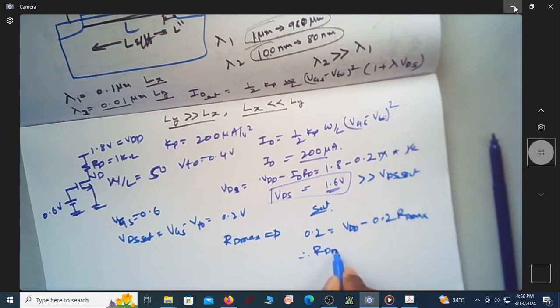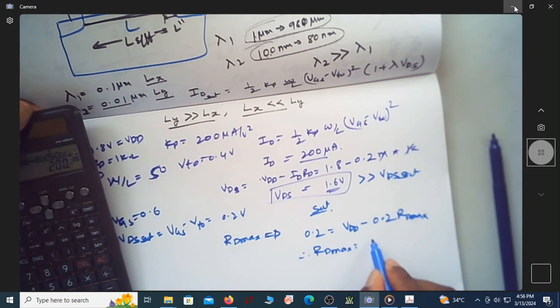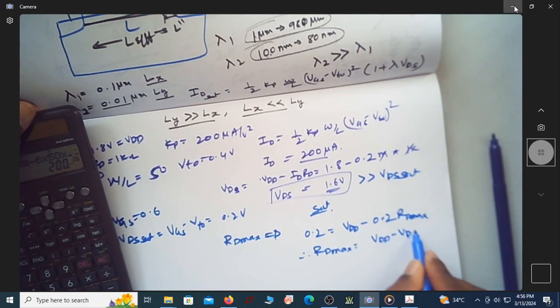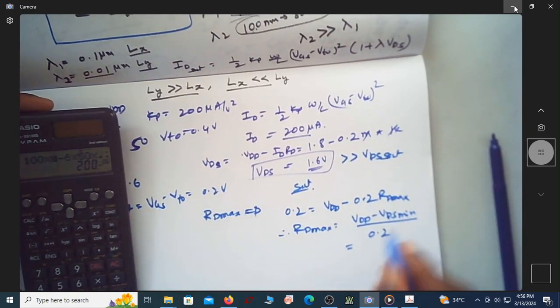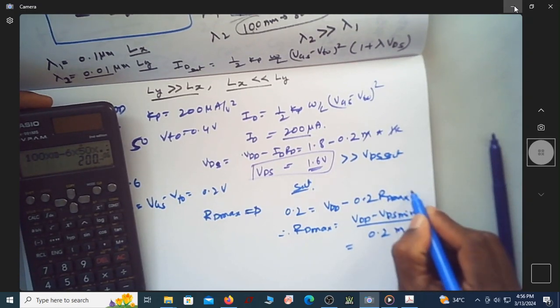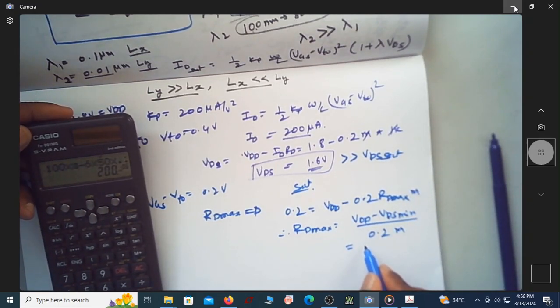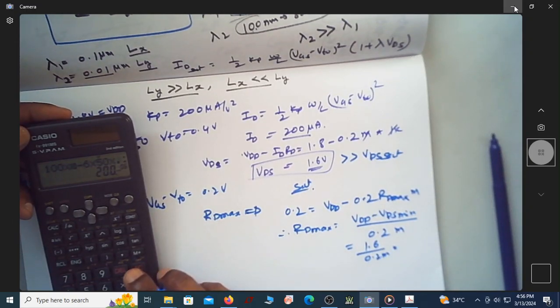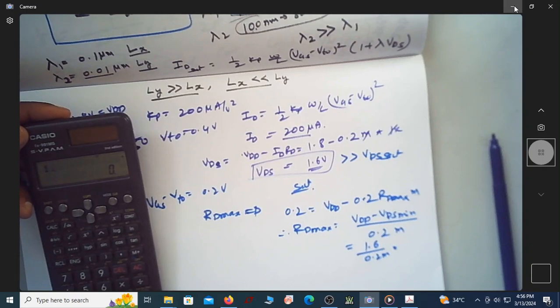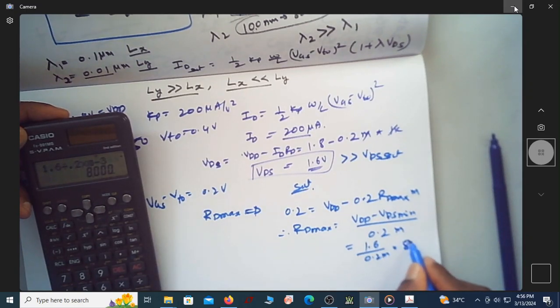Therefore RD max is equal to VDD minus VDS minimum by 0.2 milli. So this is 1.6 by 0.2 milli, which is 1.6 divided by 0.2 exponential minus 3. This is 8 kilo ohms.